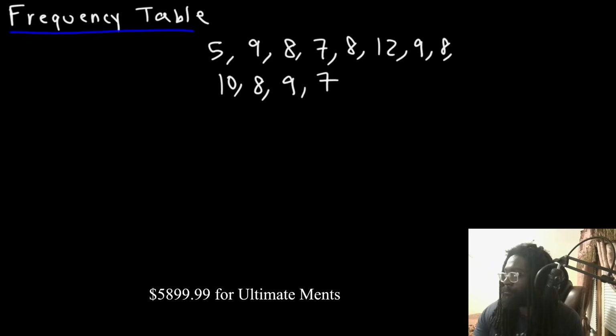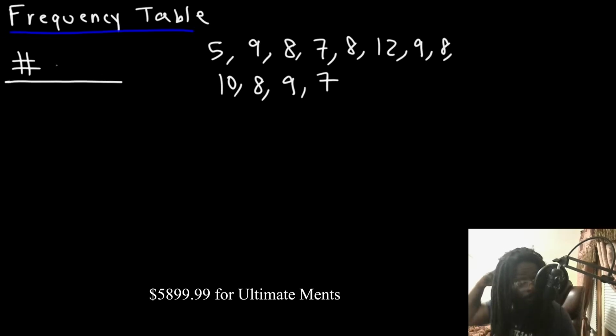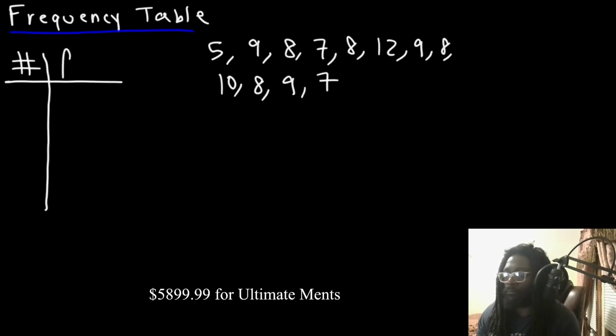So using those numbers, how can we make a frequency table? We're going to put 2 columns. So the first column will represent the number, and the second column will represent the frequency.